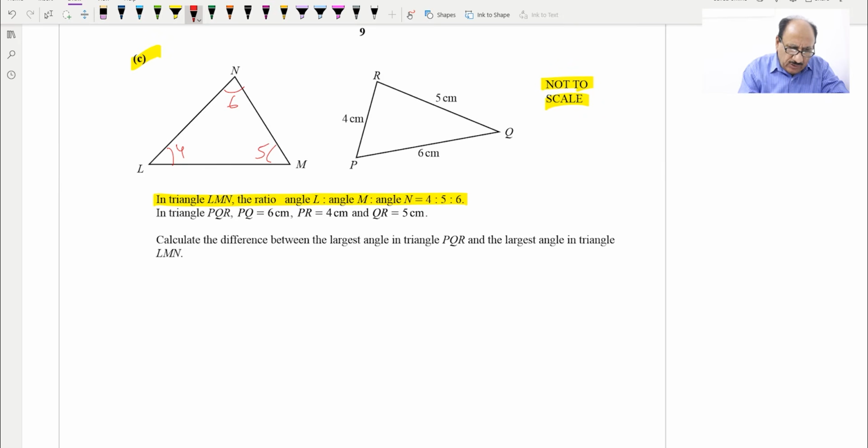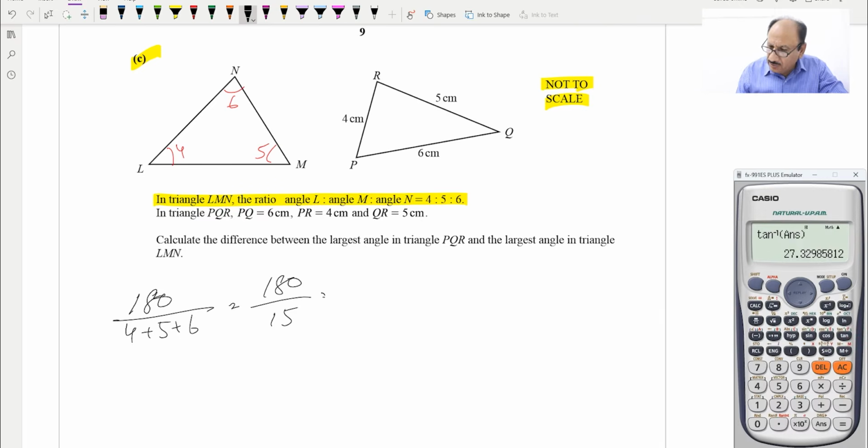If we first figure out these angles, the total sum of angles is 180 degrees, and 180 degrees is divided into 3 portions, 4 plus 5 plus 6, which is 15. Each part will be equal to 180 divided by 15, which is 12.